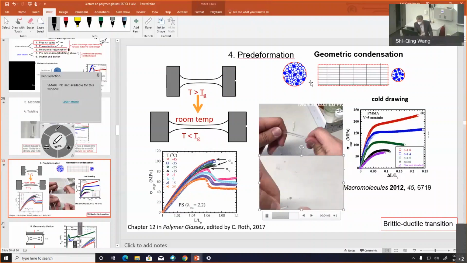So it turns out, in short, it's the same as achieving geometric condensation. And all of a sudden, you get an object that's this instead of that. And that object simply was able to undergo yielding instead of undergo brittle failure.